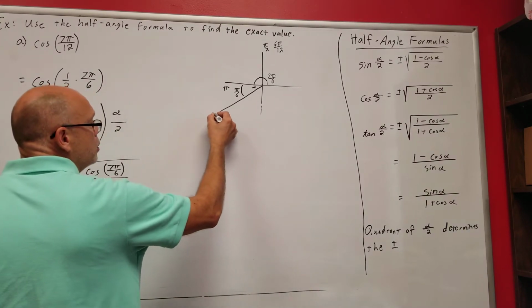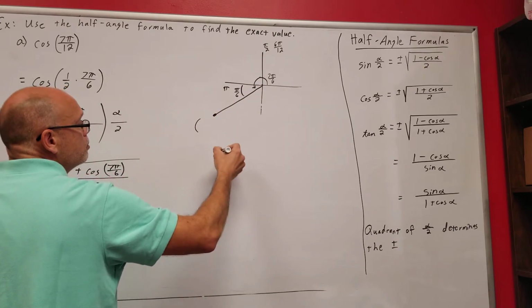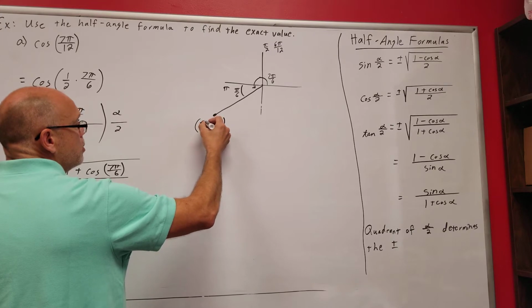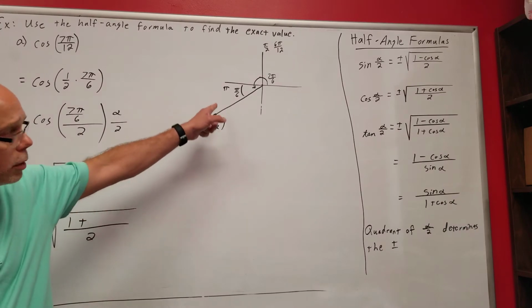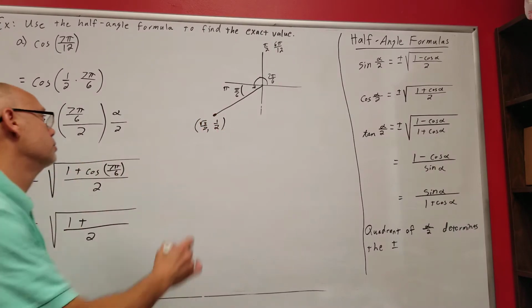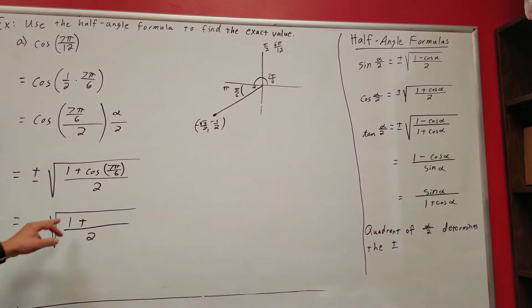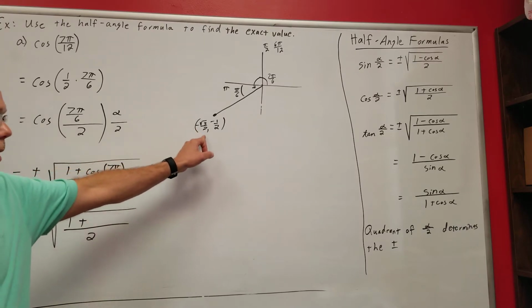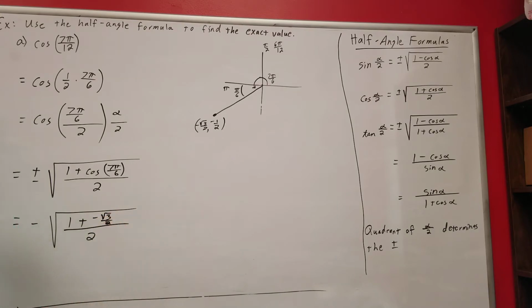So where am I on the unit circle if I'm at a reference angle of pi over 6? Square root of 3 over 2, comma, 1/2. And what's negative in quadrant 3, x or y? Actually, both of them. So what is my cosine at 7 pi over 6? It's negative square root of 3 over 2. So I'm going to put negative square root of 3 over 2 right here. That'll be negative square root of 1 minus square root of 3 over 2, all over 2.